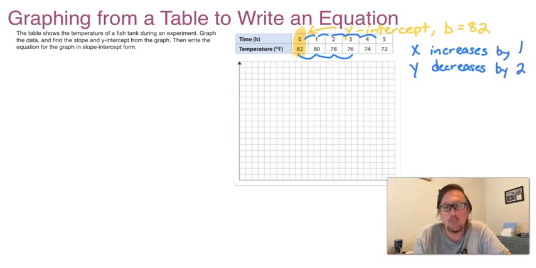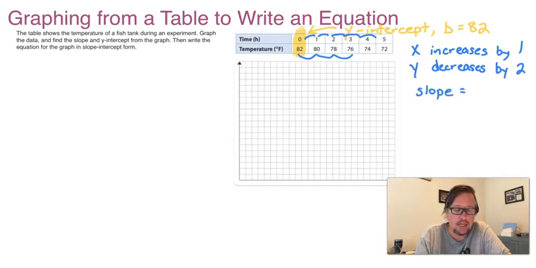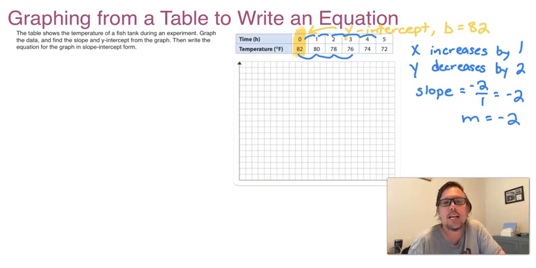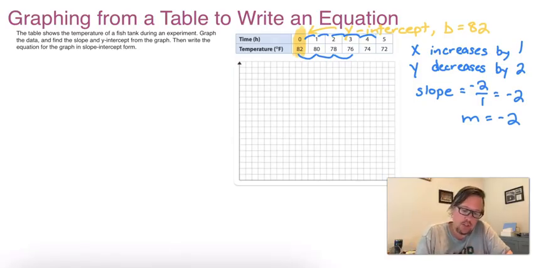And that means my slope, which is the change in y over the change in x, is going to be negative 2 over 1, which of course reduces to negative 2. So in my equation, my m is going to be negative 2. If I have the b and I have the m, I can go ahead and write the equation in slope-intercept form. It's going to be y equals negative 2x plus 82 because slope-intercept form is y equals mx plus b.